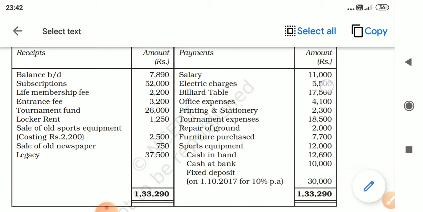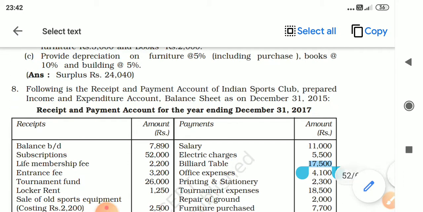Electric charges, it's an expenditure, so expenditure side of income and expenditure account. Billiards table is an asset, so it will appear on the asset side of current year's balance sheet. Students get confused: madam, how will we know whether it will appear in previous year's balance sheet or current year's balance sheet, opening balance sheet or closing balance sheet? Children, opening balance sheet is prepared as on 31st December 2016.